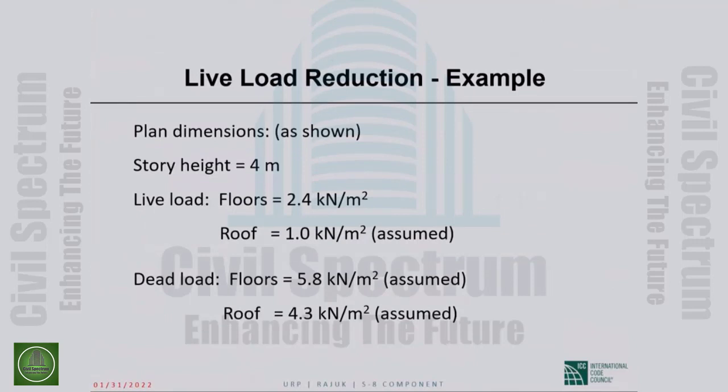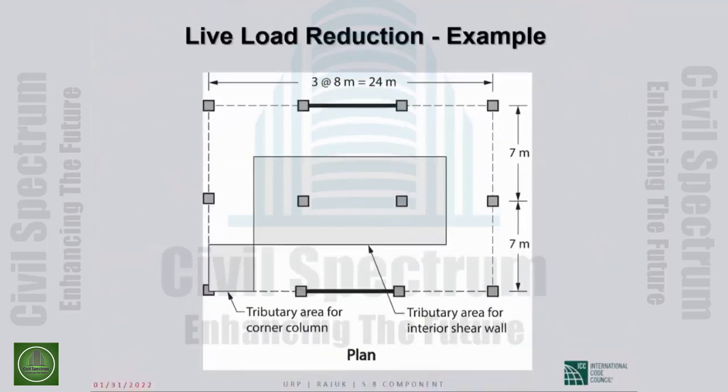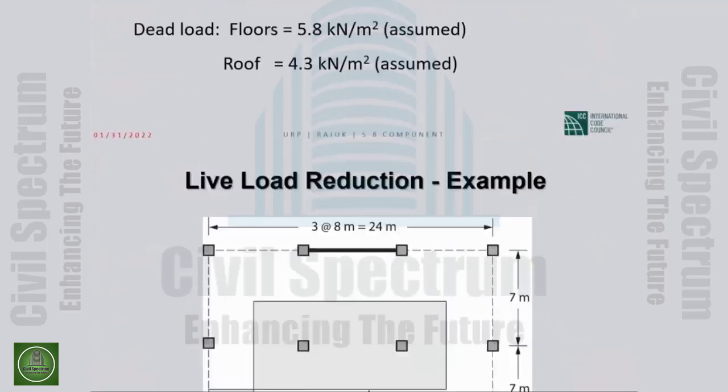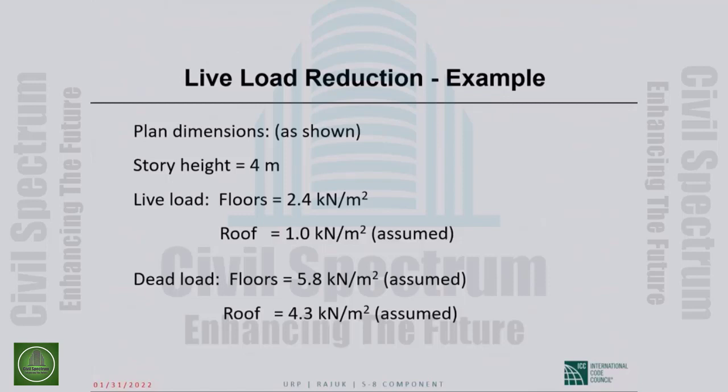Okay, so this is a live load reduction example that you may find to be useful. Plan dimensions as shown. We will go there. Story height is 4 meters. Live load 2.4 kilonewton per square meter on the floors, 1 kilonewton per square meter on the roof.